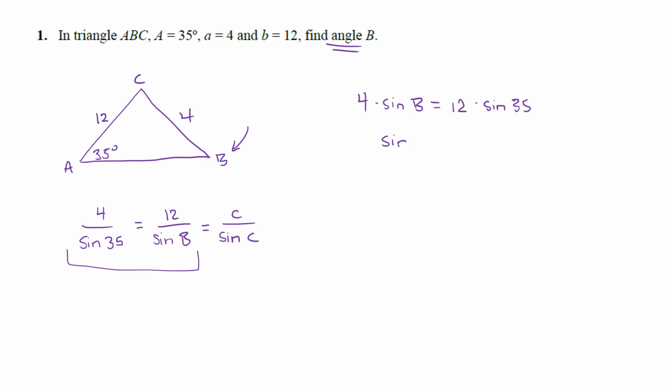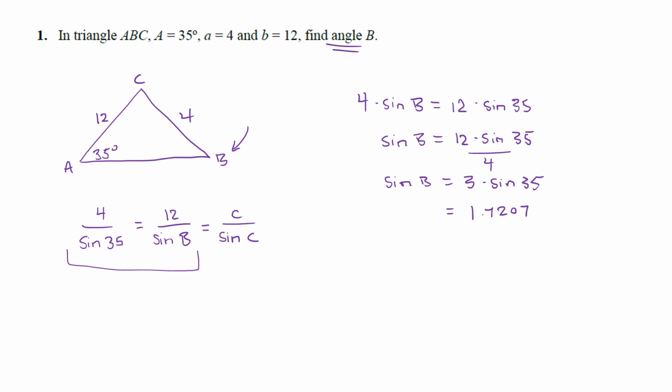So sine B equals 12 times the sine 35 divided by 4, which simplifies to 3 times the sine of 35. When we input 3 sine 35 into our calculator, we'll get 1.7207.